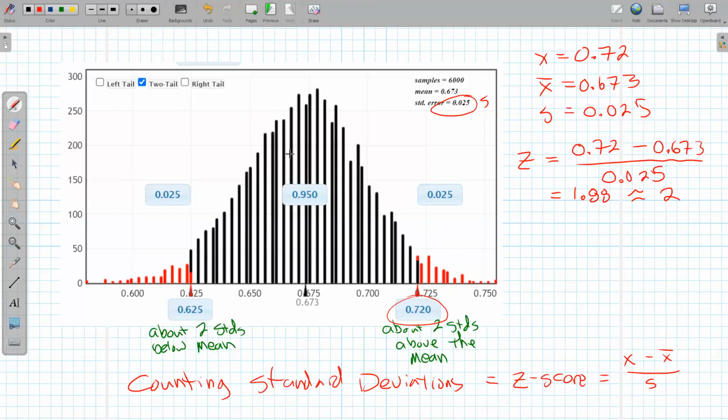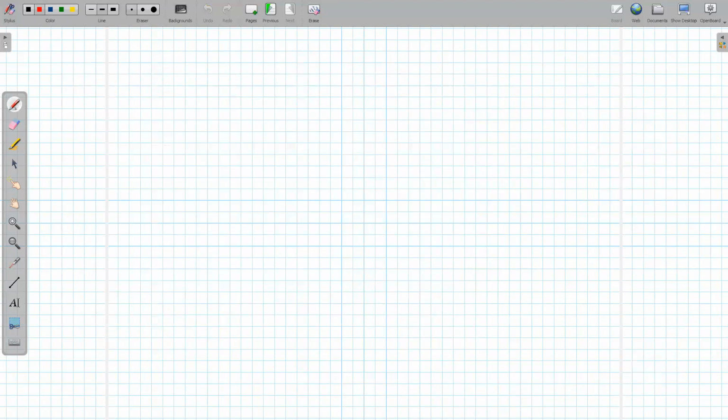So z-scores are what we're looking at here. So z-scores for a proportion are going to look something like, usually it's going to be p hat minus p over whatever the standard error is.